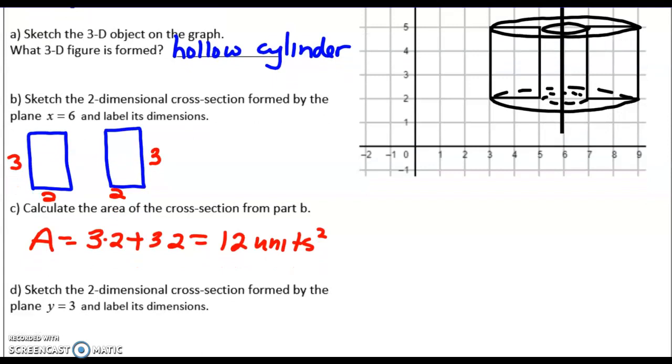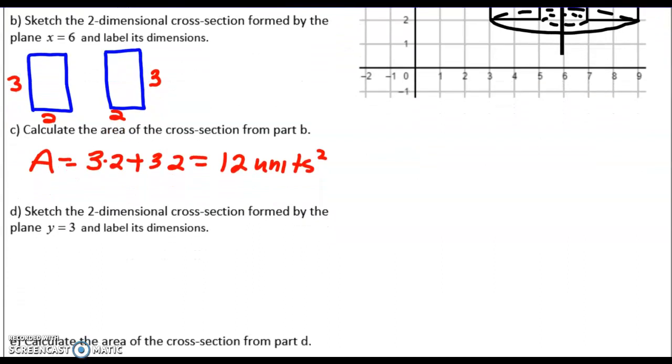On your notes, the next thing it says, hey, sketch the 2-dimensional figure that is formed by the plane y equals 3. Well, that's a horizontal line, and that's right here. And this plane is parallel to our bases, so it's going to have the same shape as our bases. And this is a cylinder, so here's the real deal. We have this.